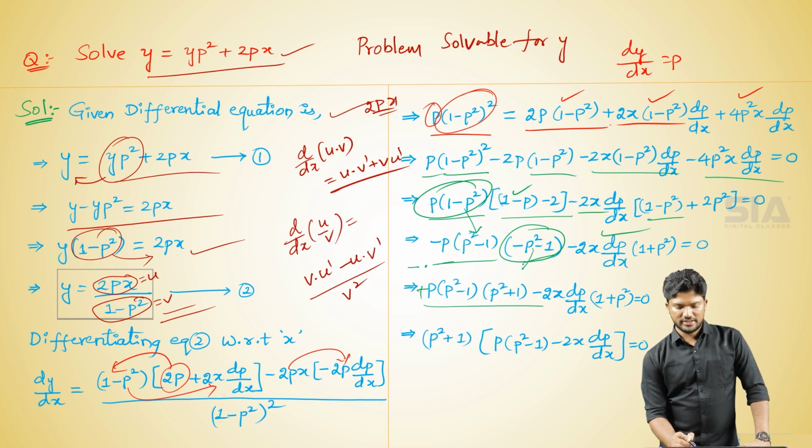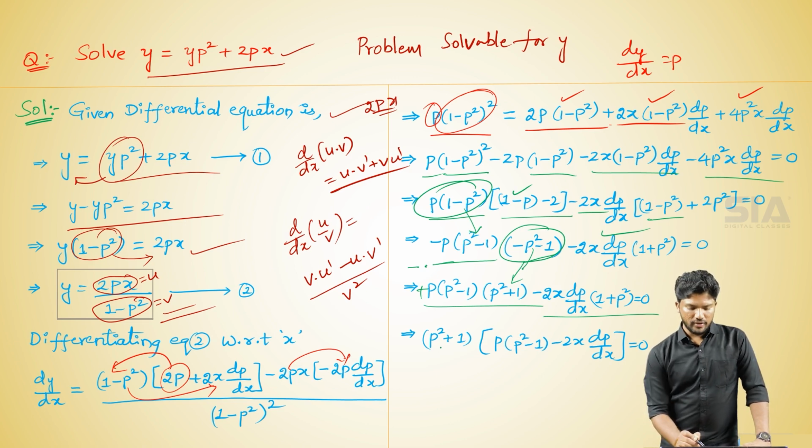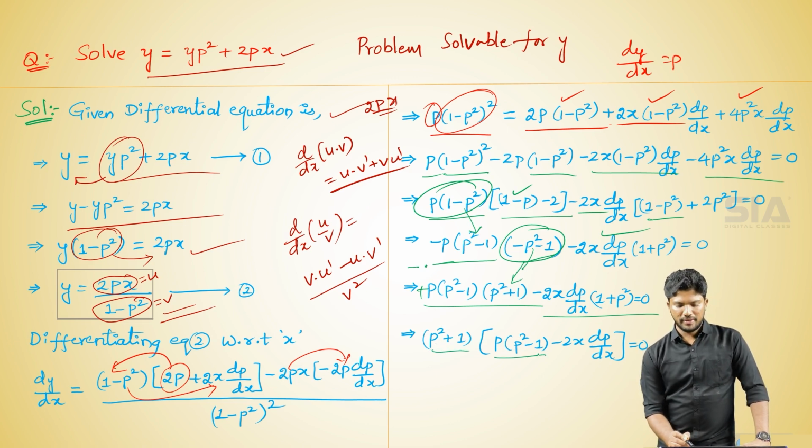From this term, it will become p square plus 1, and the remaining term is minus 2x dp by dx into 1 plus p square equal to 0. So now take this p square plus 1 common from the total term, then p into p square minus 1 minus 2x dp by dx equal to 0.